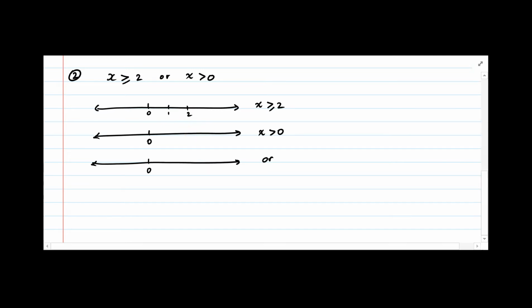Okay, so again, let's find this. X is greater than or equal to +2. So closed circle here. And then everything to the right of this will be shaded. Okay. All right. Next one, we have x is greater than 0. So an open circle at 0. And also everything to the right will be shaded.